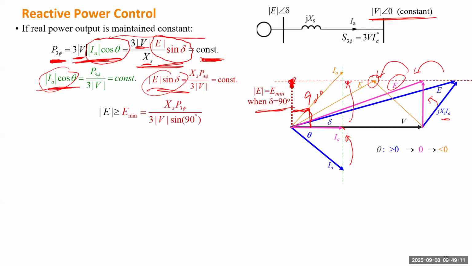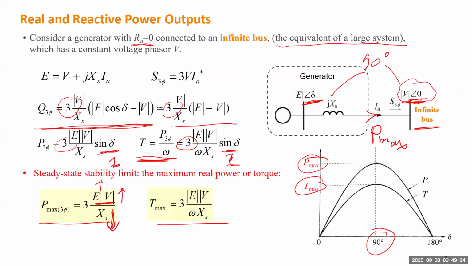So the voltage needs to always be bigger than this limit, which means that the power angle delta needs to be less than 90 degrees. Okay, this is basically the same story we have shown here. So those are the stability limits. No matter whether you want to vary the active power or the reactive power, you should never let delta reach 90 degrees.